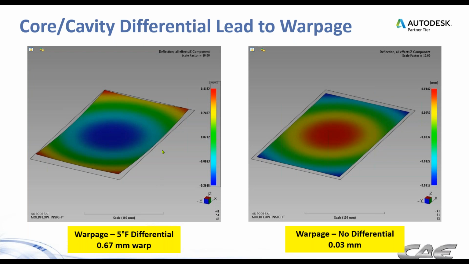So you get into situations where the temperature differential gets to be 20, 30, 40 degrees in some deep cores, and now you're talking many millimeters of warpage in some cases. So that temperature differential between two sides of a part leads to thermal bending, and that thermal bending can be excessive. And there are ways to improve the cooling uniformity to avoid that.